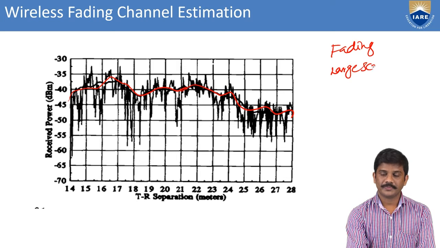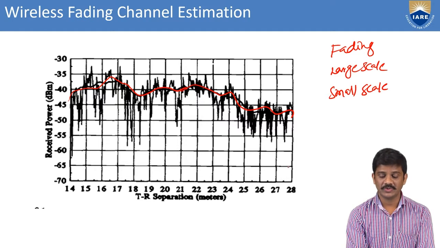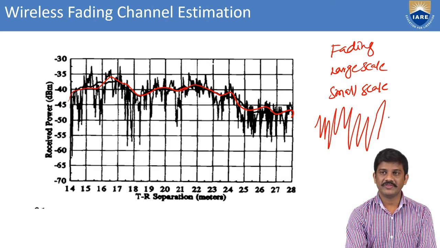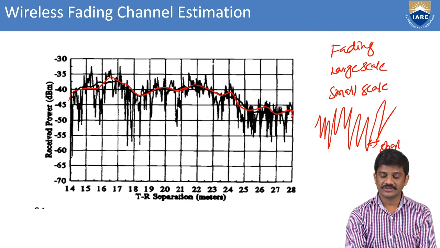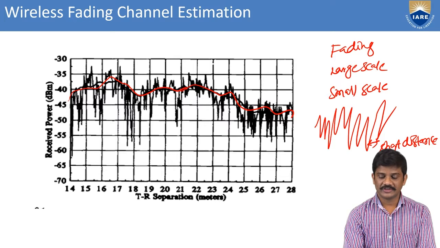Coming to small scale, we have rapid fluctuations. With rapid fluctuations, the time interval is very low and the distance between the signals is short. That is small scale fading.